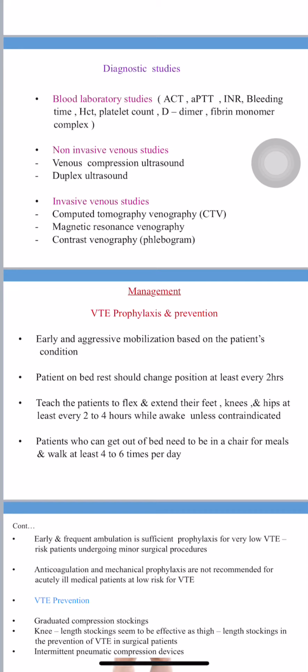Teach the patient to flex and extend their feet, knees and hips at least 2 to 4 hours while awake, unless contraindicated. Patients who can get out of bed need to be in a chair for meals and walks at least 4 to 6 times per day.